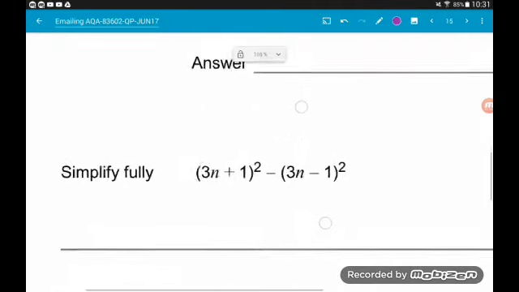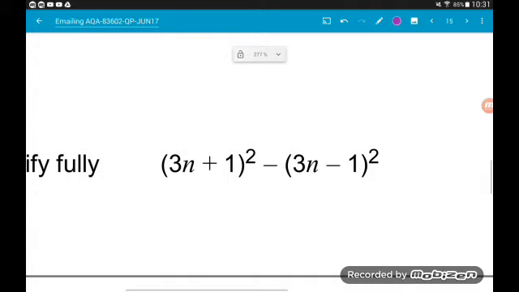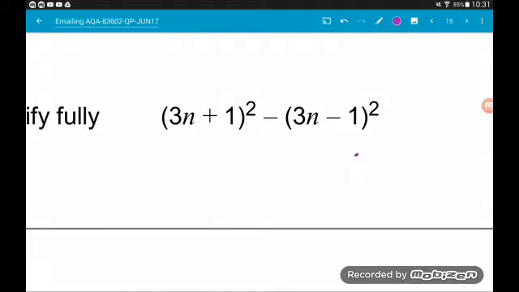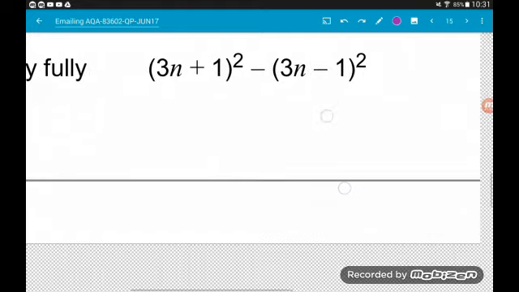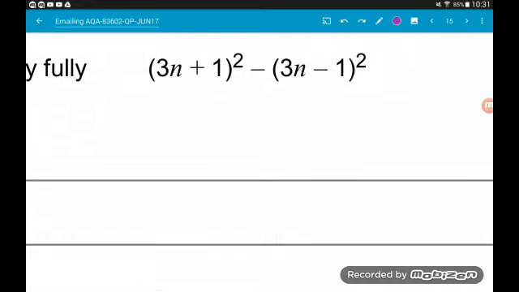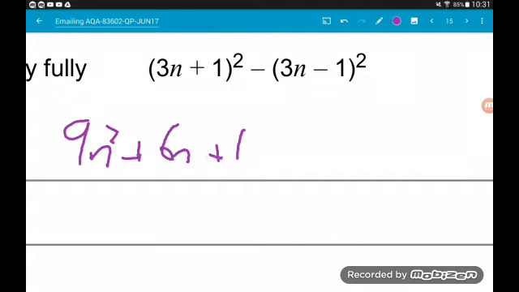12b, simplify fully. 3n plus 1 squared minus 3n minus 1 squared. Okay, so the trick to a question like this is just take your time, be very careful. So 3n plus 1 squared is going to give us 9n squared plus 6n plus 1, and then we're subtracting.